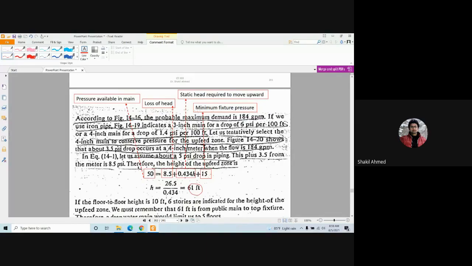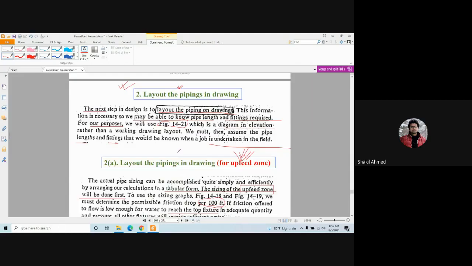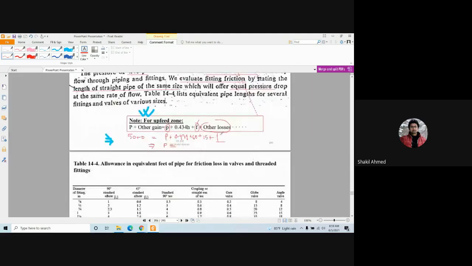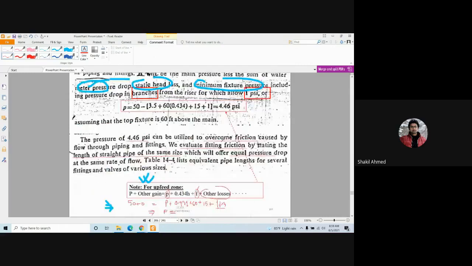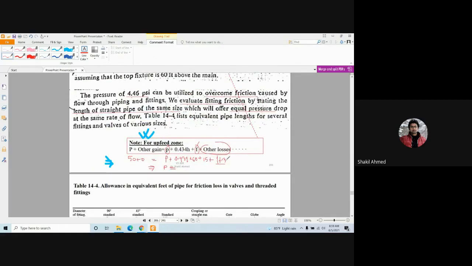We assume that 5 psi drop in piping plus 3.5 psi drop occurs at 4 meter, right? So we have to add this 3.5 here in the other losses. Okay? So this is other loss. Now tell me the value, please.